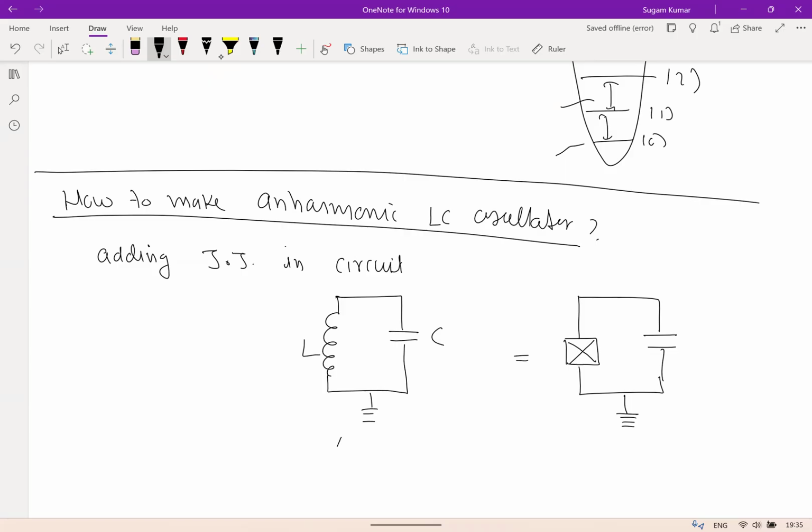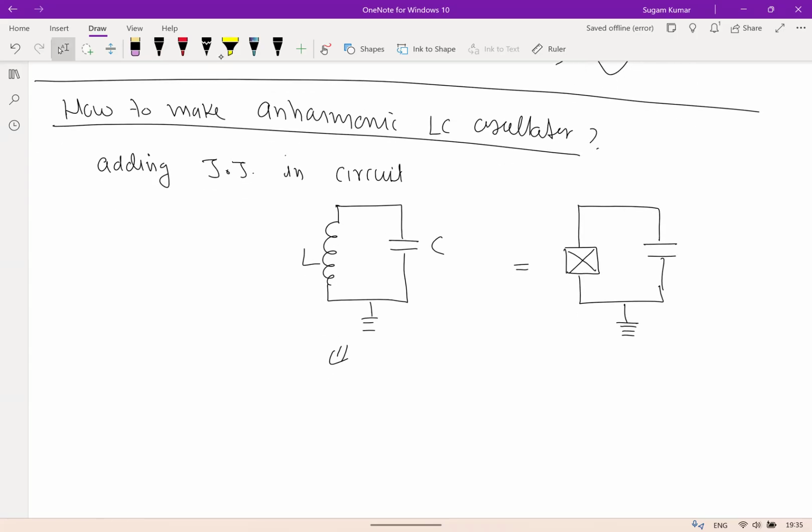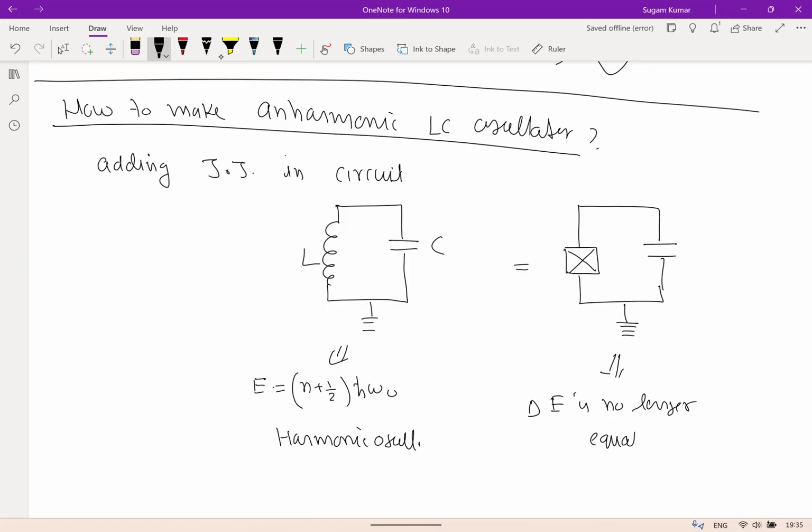Because of this system, you are getting energy equally spaced, and this is actually a harmonic oscillator. In this situation, energy is no longer equally spaced, delta E is no longer equally spaced, and this system is called an anharmonic oscillator.